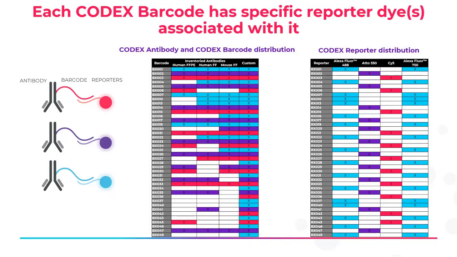So for example, the corresponding reporter for barcode BX001 is RX001. And the reporter RX001 has an AF488 or an AF750 version.